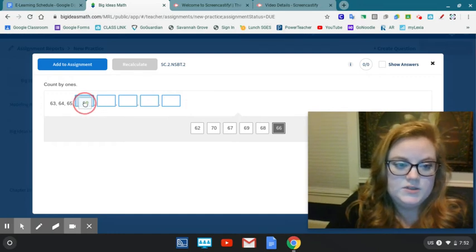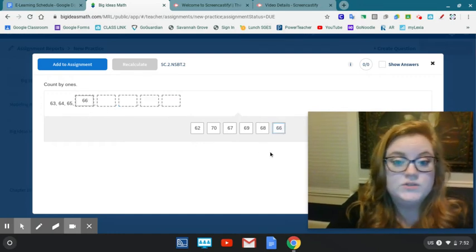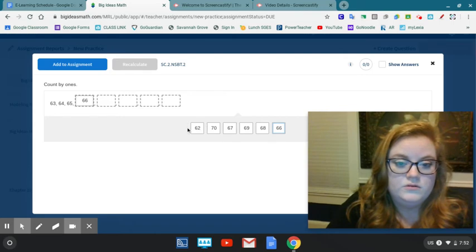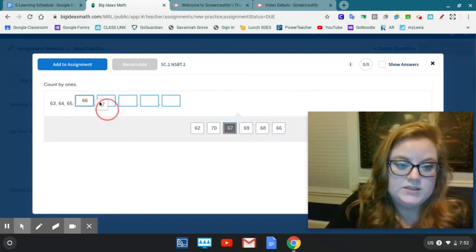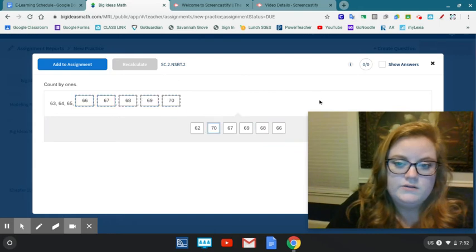So counting by 1's is literally just counting, like we learn how to do counting. So 66, 67, 68, 69, and 70. So if I counted by 1's, that's what I should have.